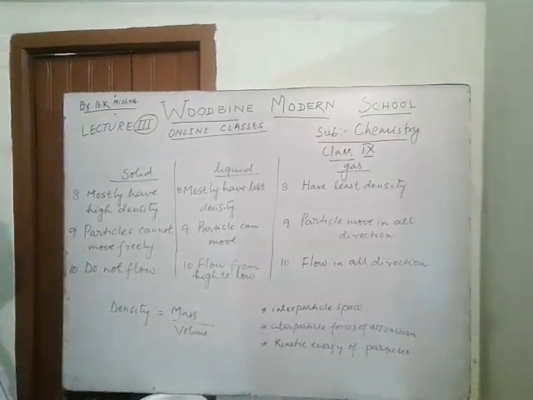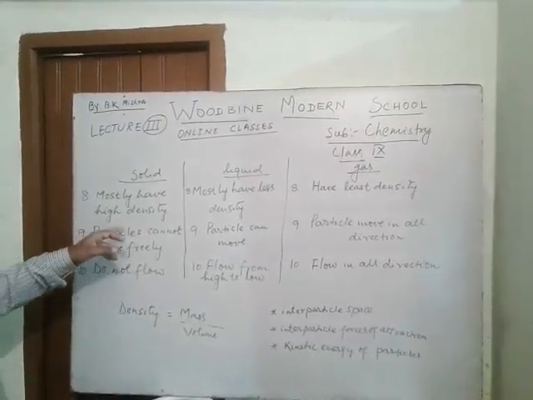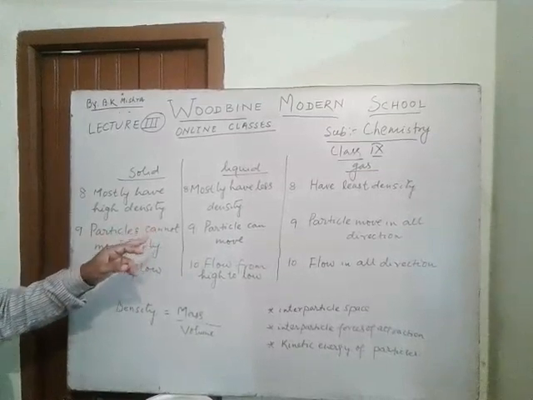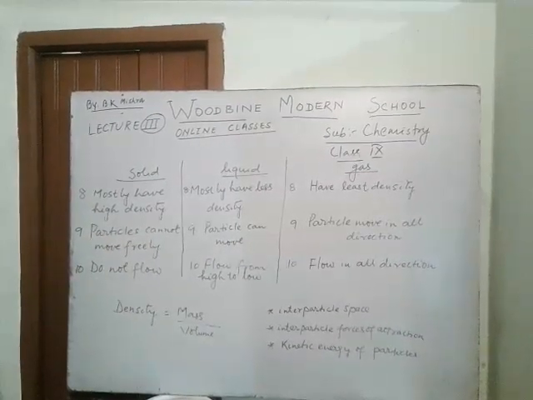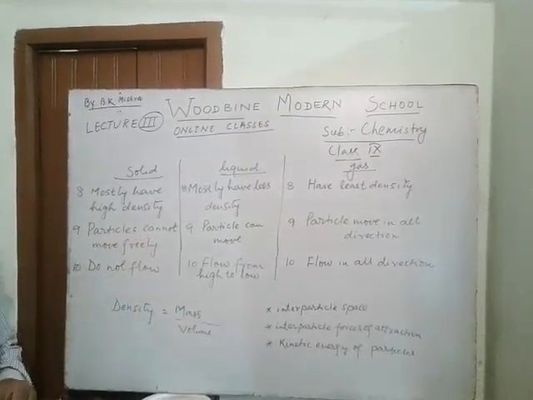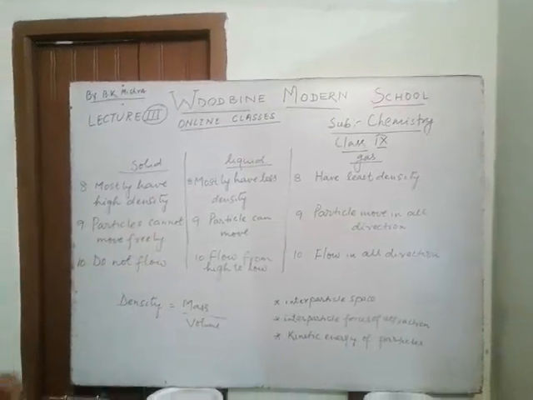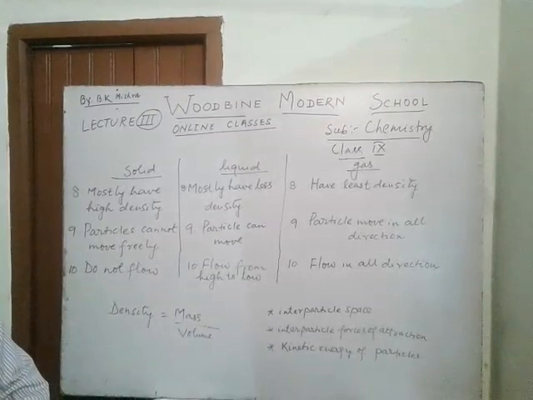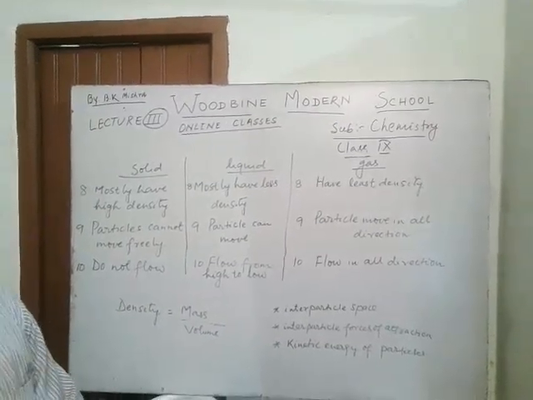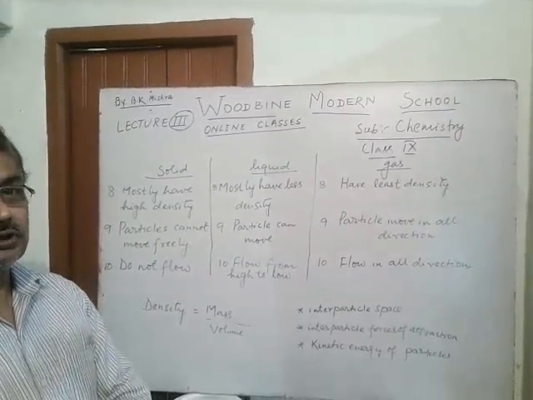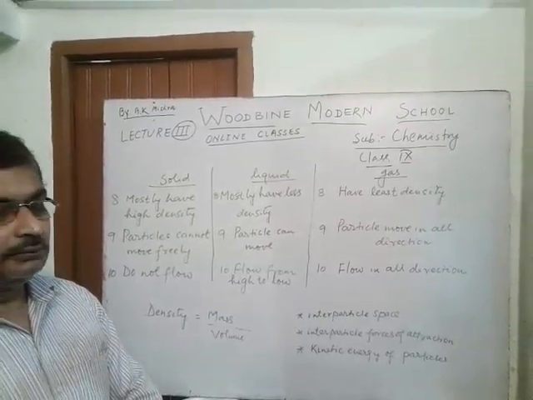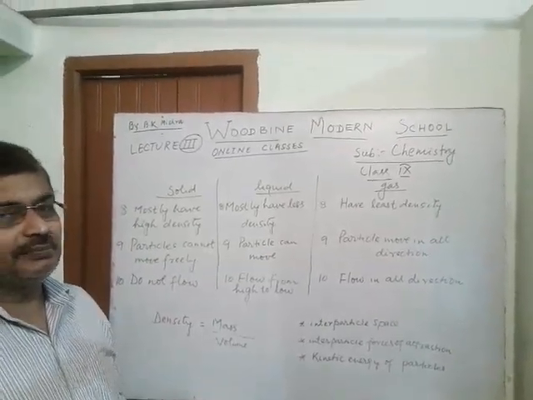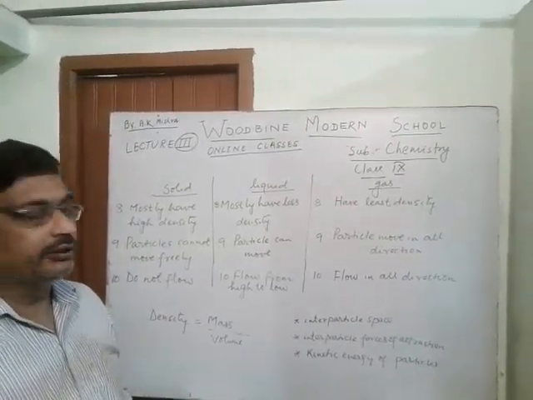Now see, solids have mostly high density, liquids have mostly less density, and the gas has least density. And in solids, particles cannot move freely. They can only vibrate in their mean position. They cannot move freely because the interparticle space is minimum in solids.